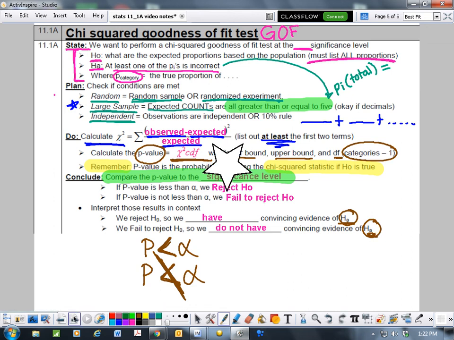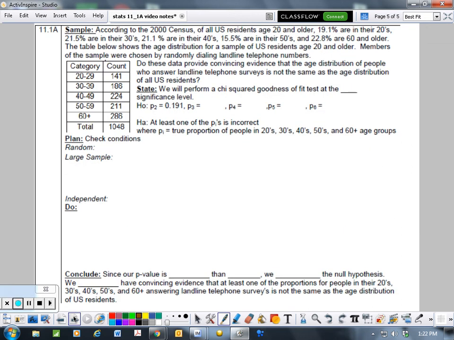So let's go ahead and work through one so you get an idea of what this looks like. So according to the 2000 census, of all U.S. residents aged 20 and older, 19.1% are in their 20s, 21.5% are in their 30s, 21.1% are in their 40s, 15.5% are in their 50s, and 22.8% are 60 and older.